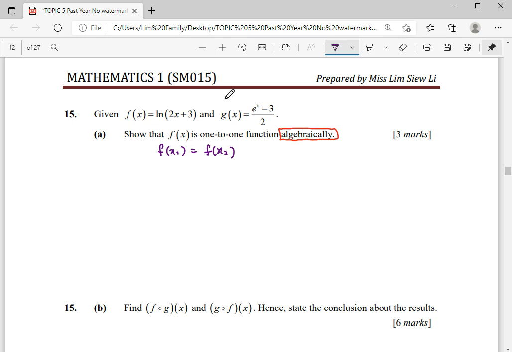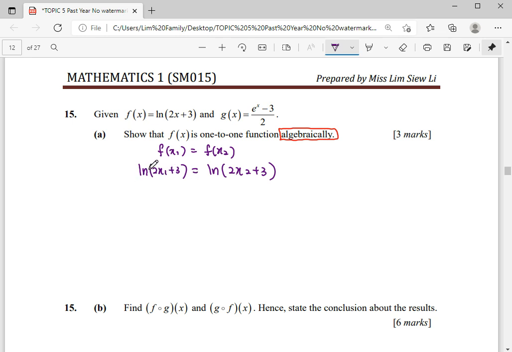So we start to substitute. If we have x1, it will be ln(2x1 plus 3). If we have x2 here, our function will be ln(2x2 plus 3). The working after this shows how you find x1, simplifying to get x1.